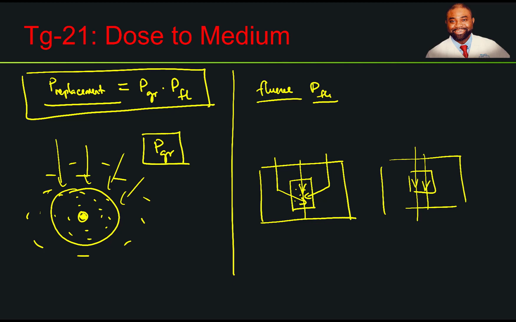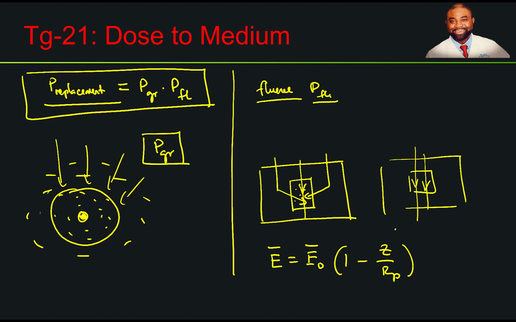Now, one of the things that you should keep in mind is that the mean energy for electrons as a function of depth decreases almost linearly with depth, and it has been shown that the mean energy for electrons in the medium is equal to E naught times (1 minus Z over RP).